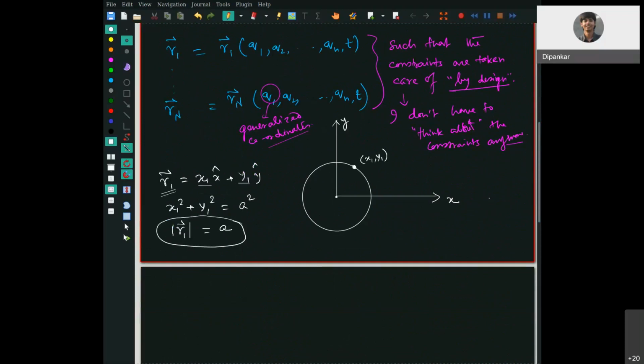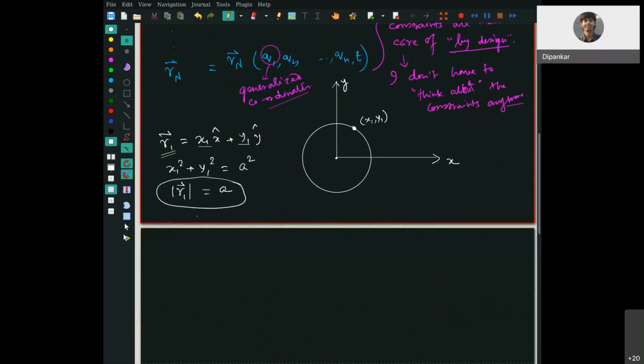That tells you that x1 and y1 are not independent. So you can express y1 in terms of x1 as the square root of a square minus x1 square, and wherever you encounter y1, you substitute this and calculate. That is one way of doing things, but that usually is a bit more cumbersome.